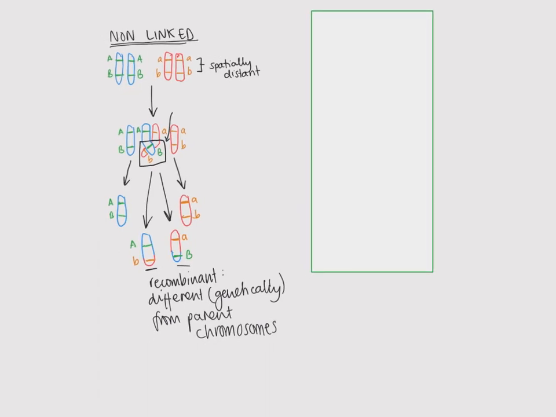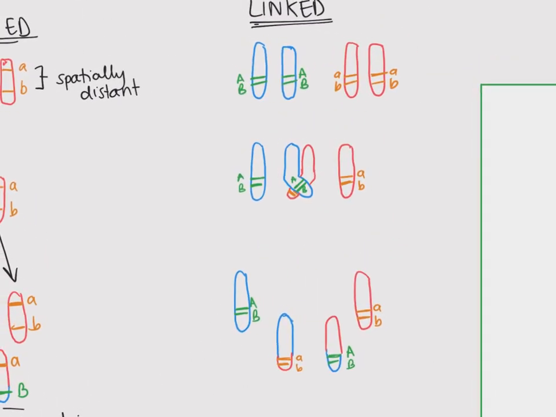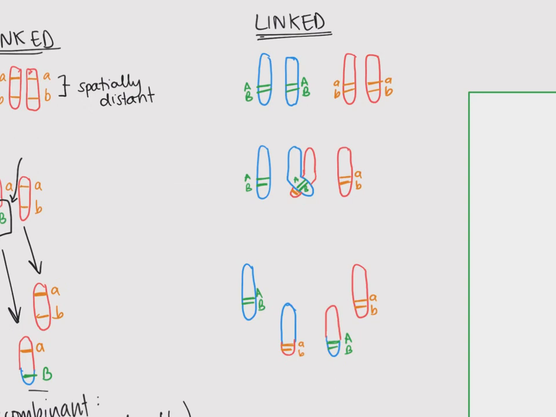However, if we take a look over at this linked genes example, you can see that genes A and B over here are very close together. Okay, now that means that where I've got this point of crossing over here, the genes themselves, A and B, are too close together for the crossing over between them to happen.